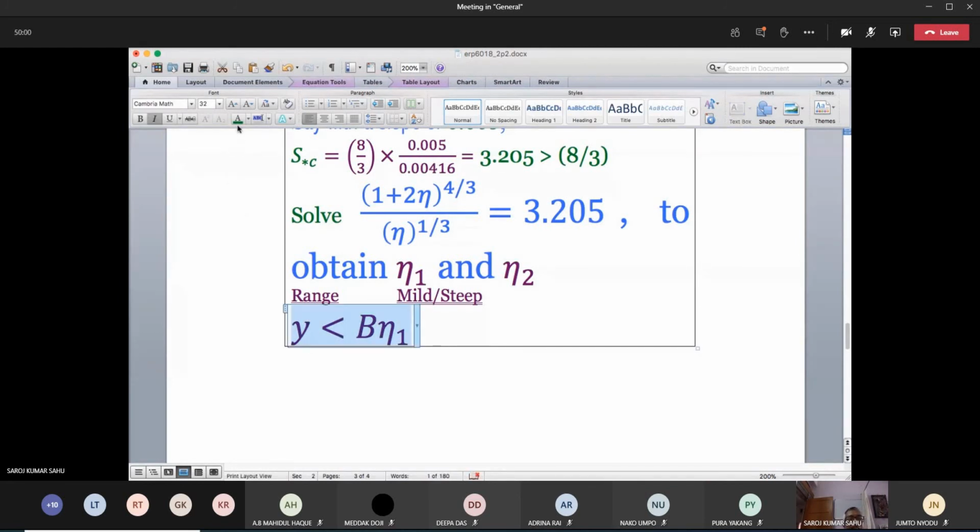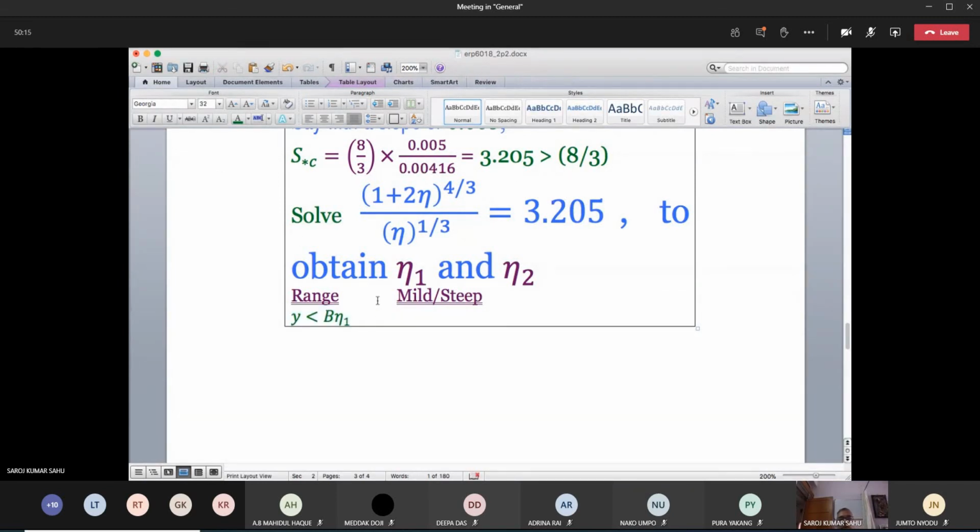Y less than beta 1. Fine. You will have the first range, y less than beta 1.